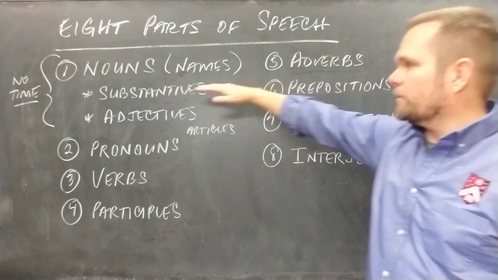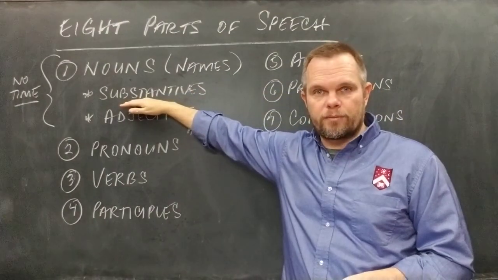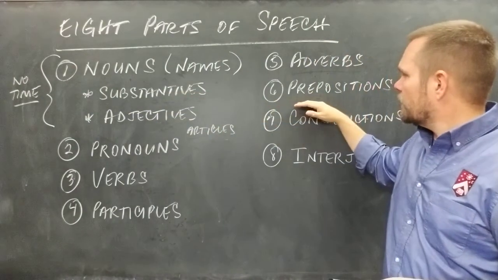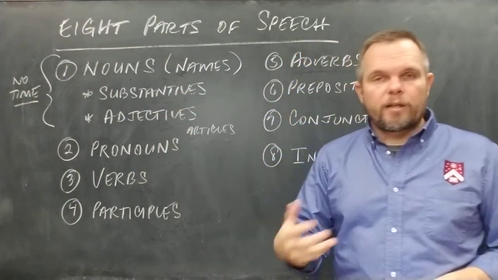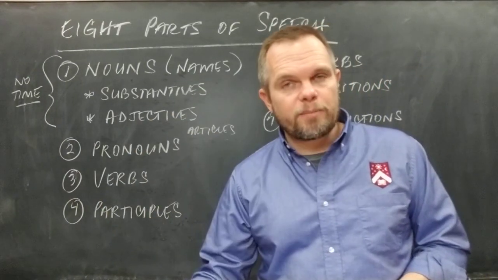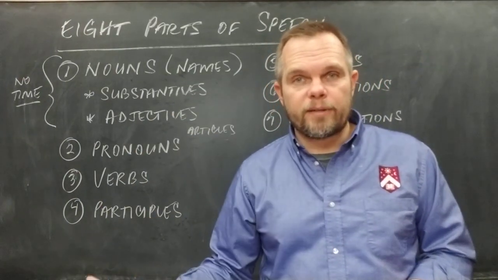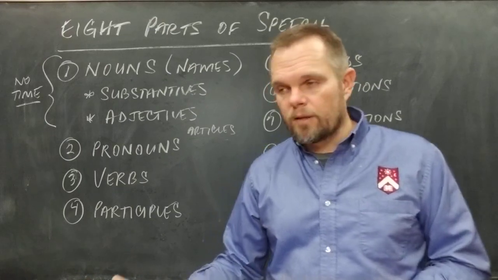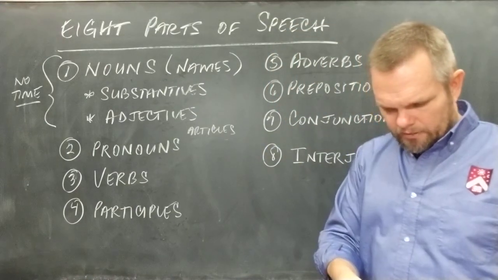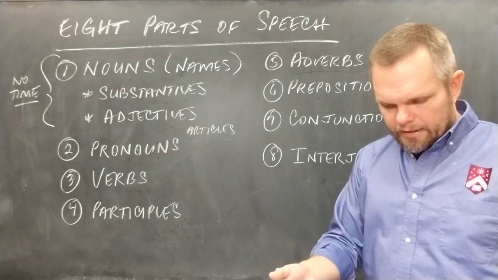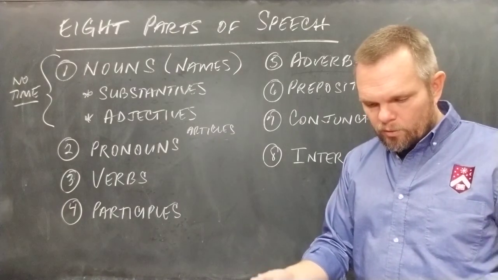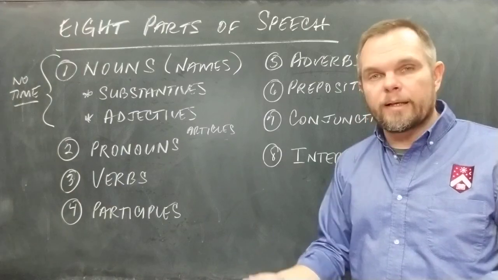Prepositions are set before substantive nouns. Prepositions are set before substantives to explain the relationship between that substantive and other substantives in a sentence. Okay? Let me see if they give you some examples. Yeah, they give you plenty of examples. On, in, over, under, through, above, below, from, etc.